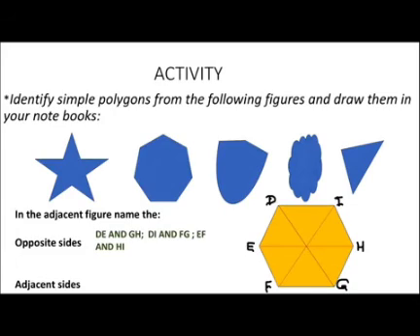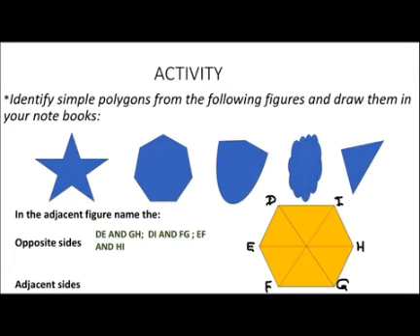Do you agree that they are adjacent sides? Yes, they are, because F is a common point, a common vertex. So I can even label it as FE and FG. If you find that easy, please label it as FE, FG. F is common. So that is one pair of adjacent sides.